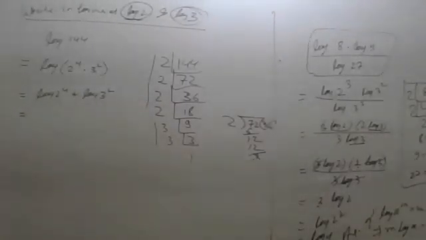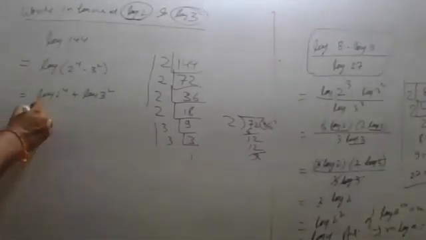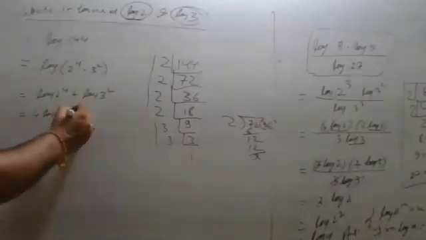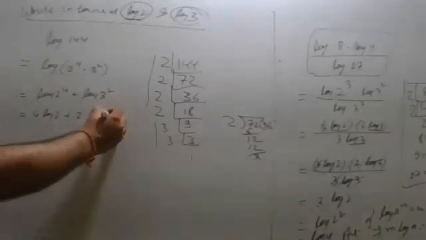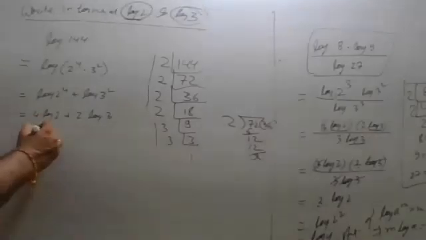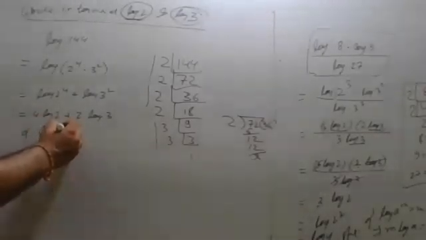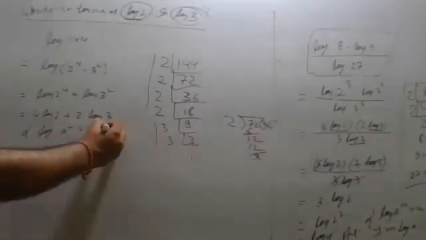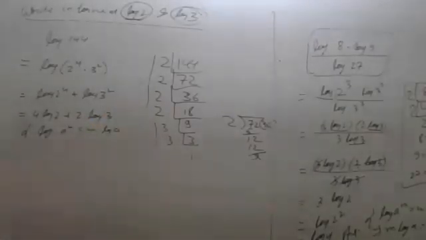It is log a to the power n equals n log a. Use that formula only. Tell the formula also. The formula is log a to the power n equals n log a.